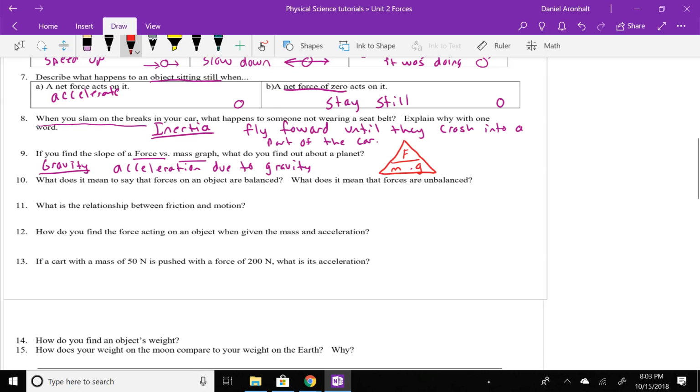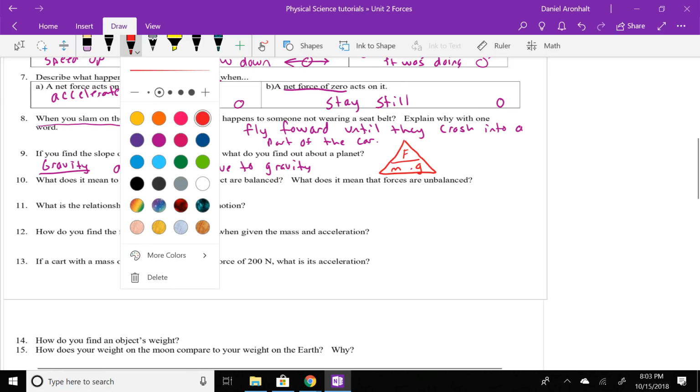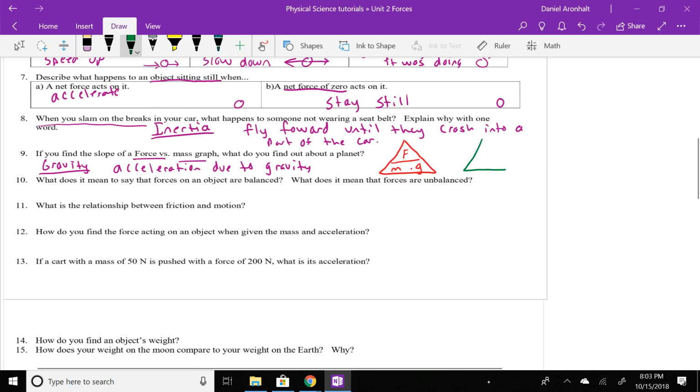Well, g is gravity, but what gravity really is, is acceleration. So another way of saying that is force, mass, and acceleration.